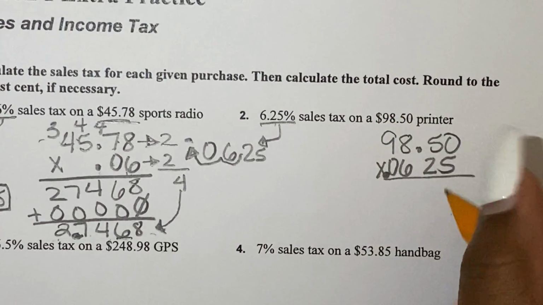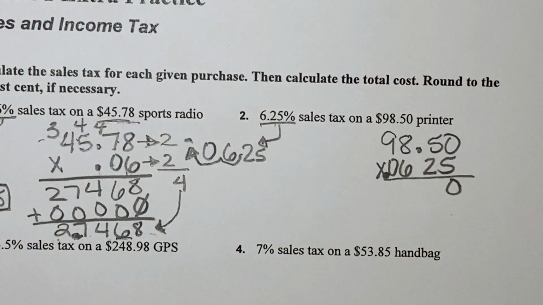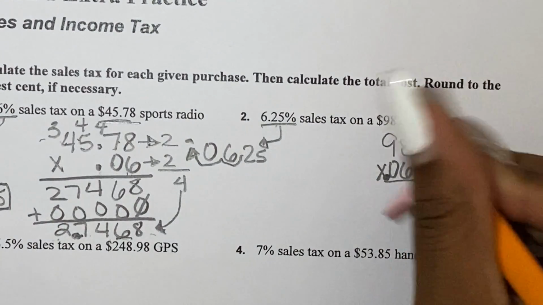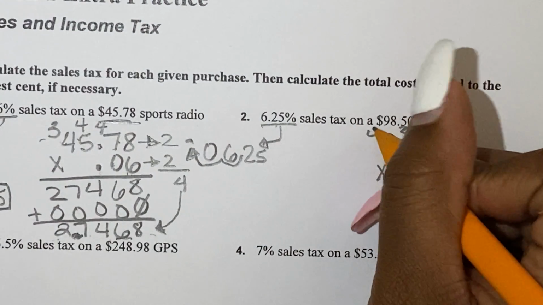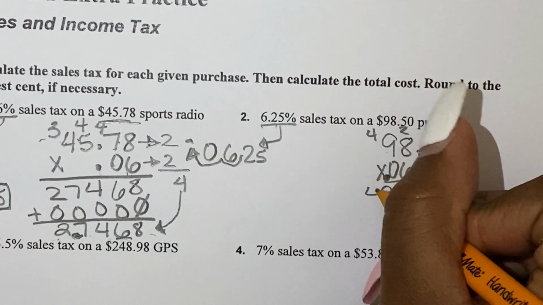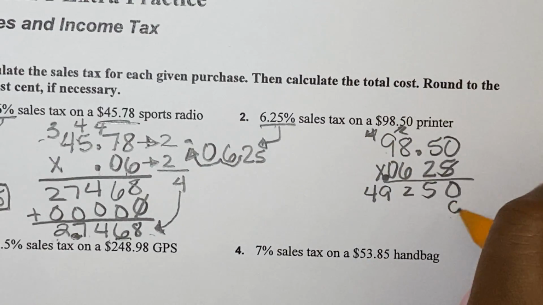Let's multiply. 5 times 0 is 0. 5 times 5 is 25. 5 times 8 is 40, plus 2 is 42. 5 times 9 is 45, plus 4 is 49. Done with that 5 and those little numbers up there.